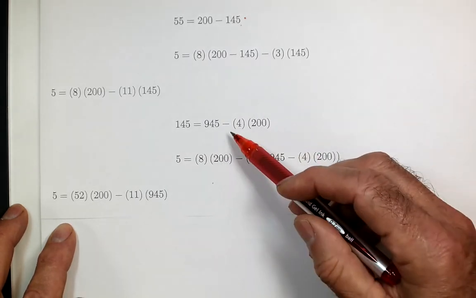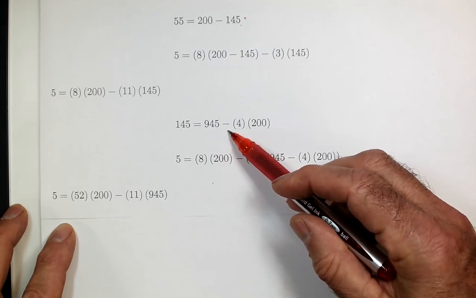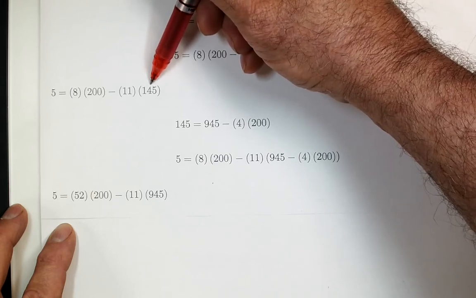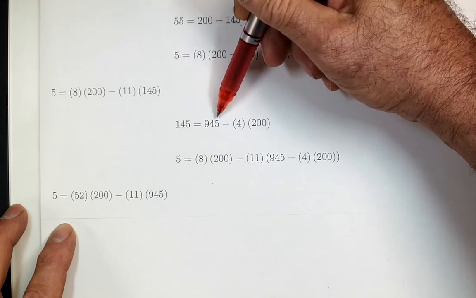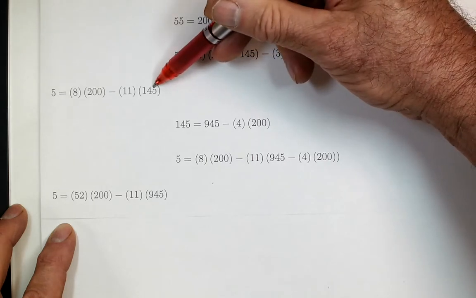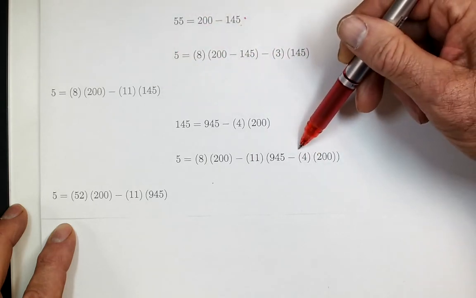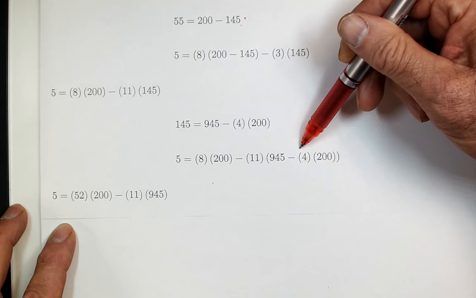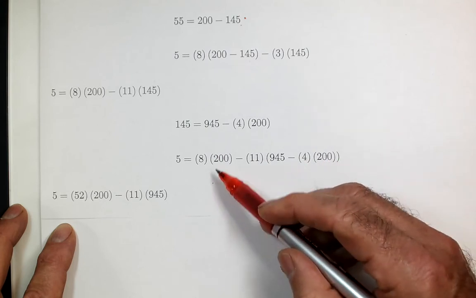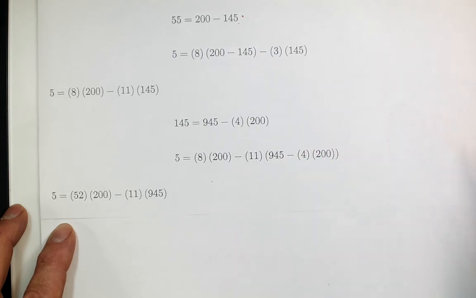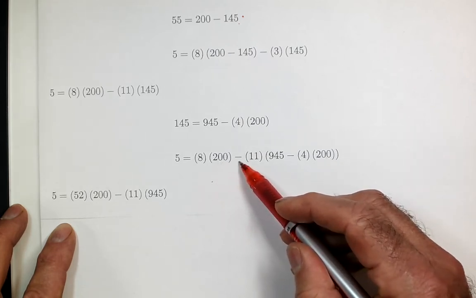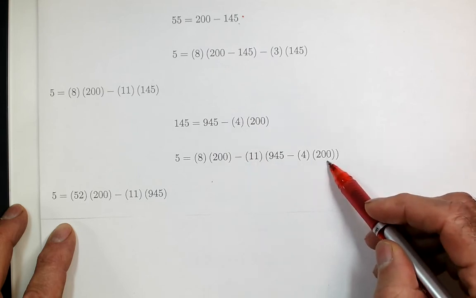And we're going to take this expression for 145 and plug it into the previous expression. So where we see 145 up here, we're going to substitute 945 minus 4 times 200. So 145 becomes 945 minus 4 times 200 down here. And we simplify, keeping the divisors 200 and 945 distinct. And let's see, we have 8 times 200 minus a negative 4 times 200.